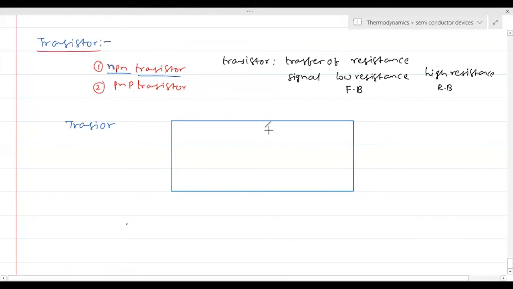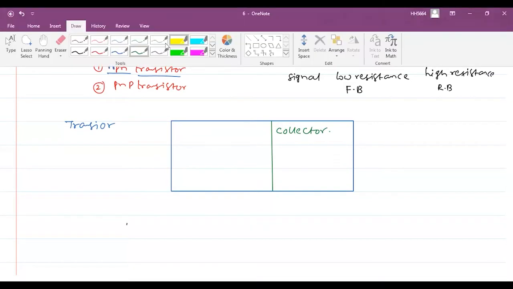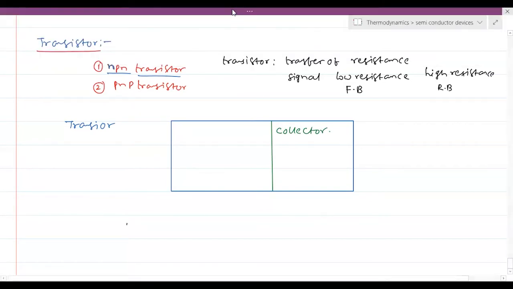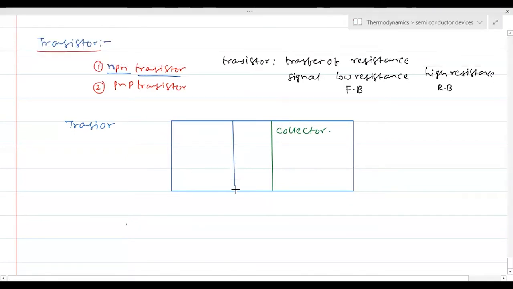Out of these, the collector has more area relatively, in comparison with the emitter and base. And the base is a region present between the collector and emitter.